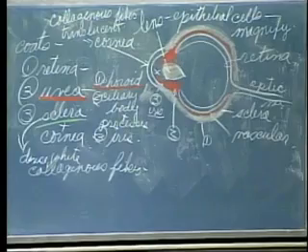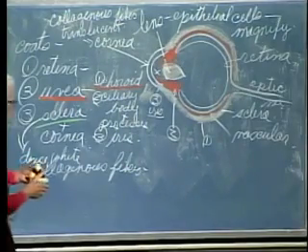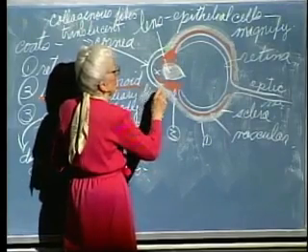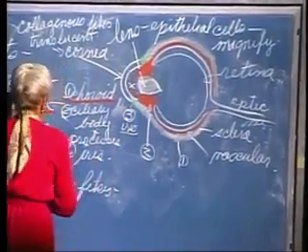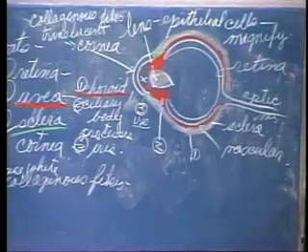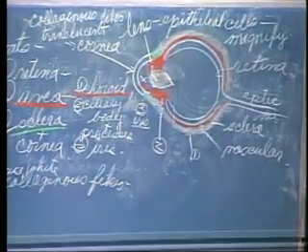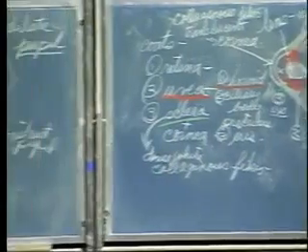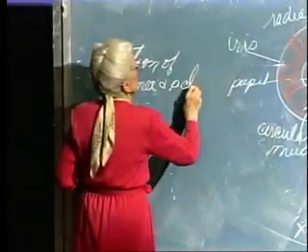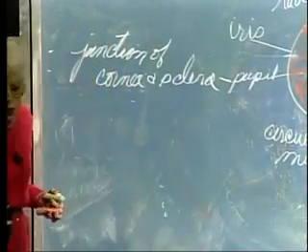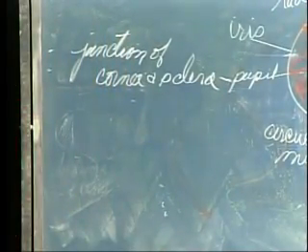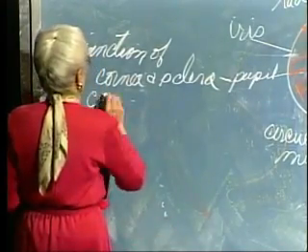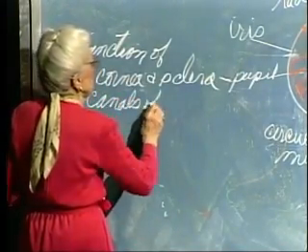Now, at the junction between the cornea and the sclera, two more things I'd like to say, and then we'll show slides. At the junction of cornea and sclera are what are called the canals of Schlemm. Another one of these scientists with a great name.